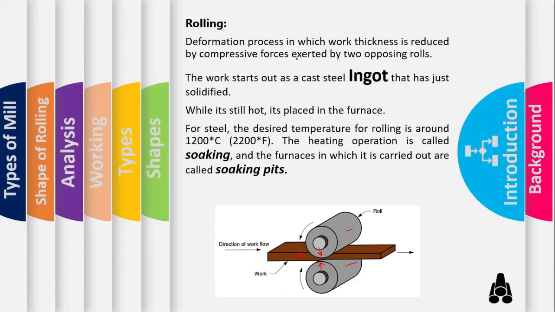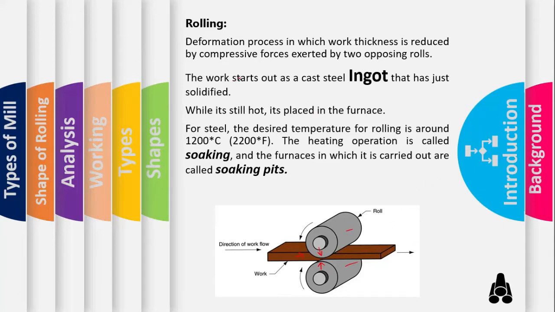In the last lecture, while we were discussing the introduction of rolling, I said that these rolls are pushing the workpiece. I would like to rectify that. Actually these rolls are pulling the workpiece into this gap and applying compressive forces to reduce the cross section or the thickness.